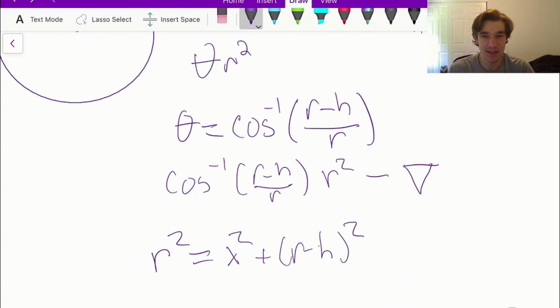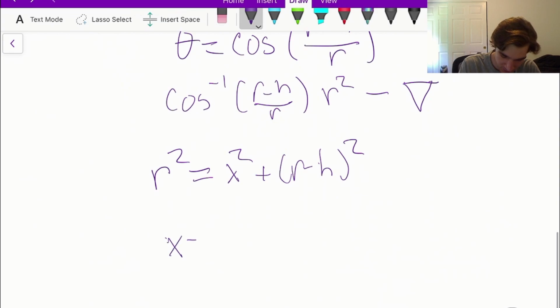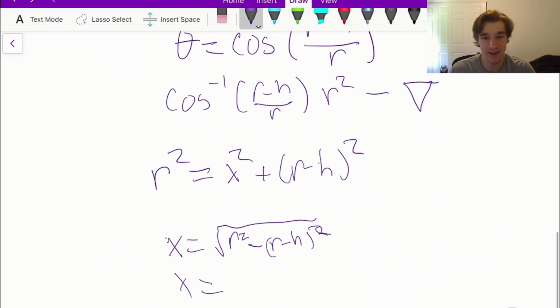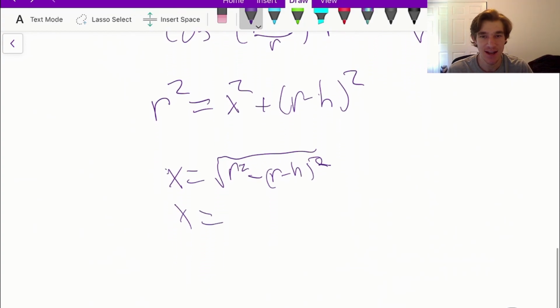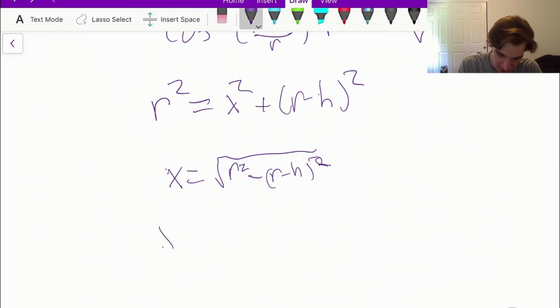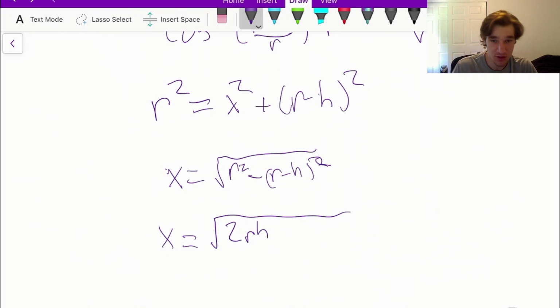Alright, now we have to simplify for x. We can factor out that r minus h squared and get x, move this down a little bit, x is equal to the square root of 2rh, 2 times the radius times that height portion up at the top, minus h squared.